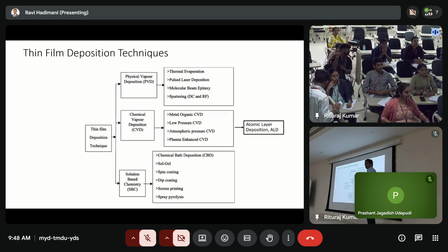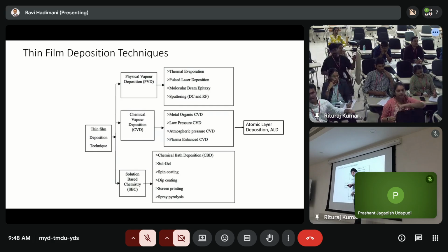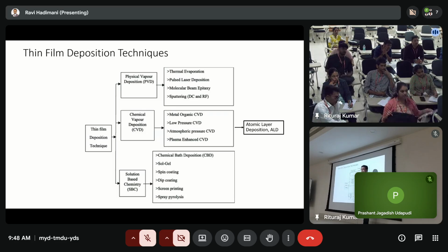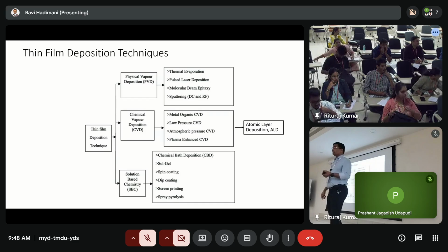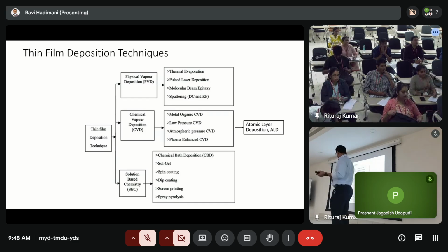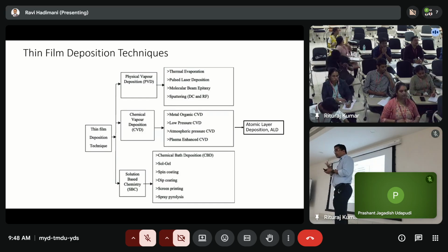The thin film fabrication can be mainly divided into physical vapor deposition technique, chemical vapor deposition, and then solution based. The solution-based approach is somewhat inexpensive, but because it is inexpensive, you may not be able to get good quality thin films, which means they may not be epitaxial, or they may not be even continuous. Sometimes they may be discontinuous.